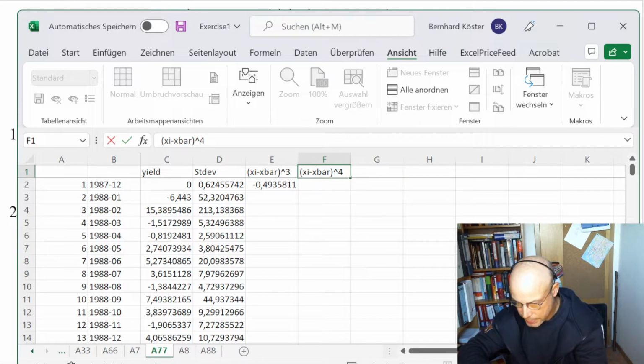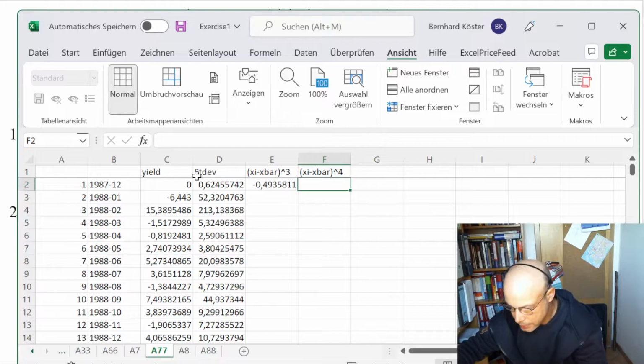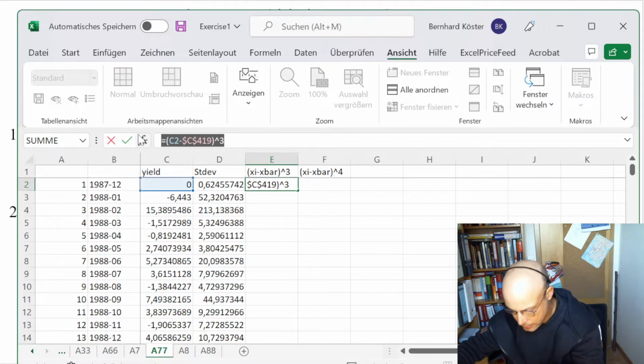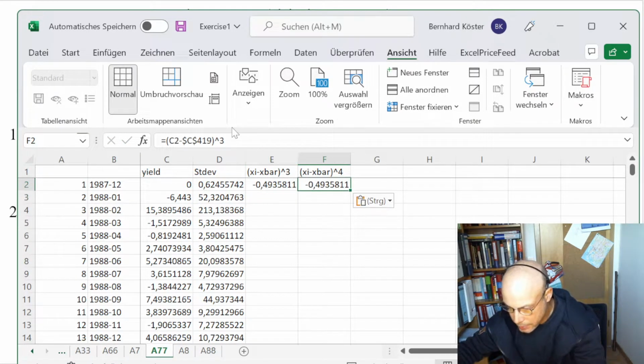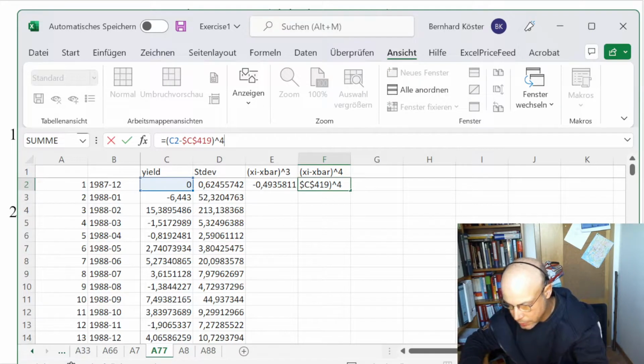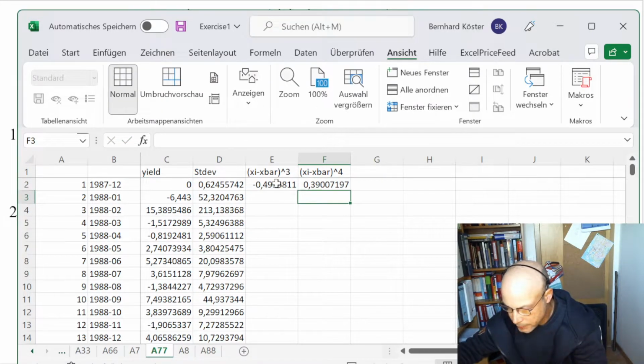So then let's take this one and let's copy this here and to the power of 4.